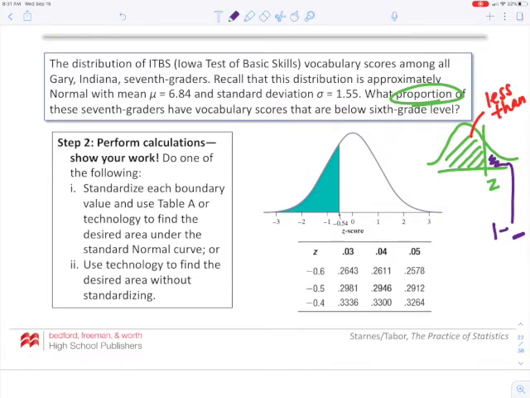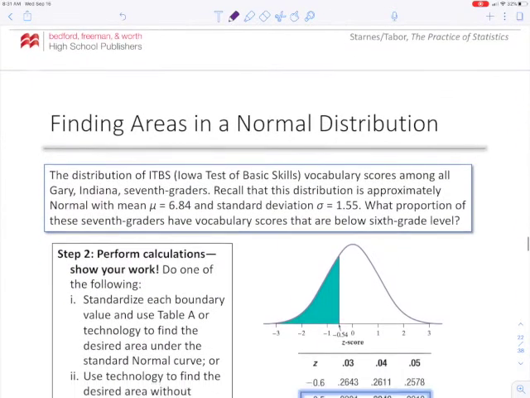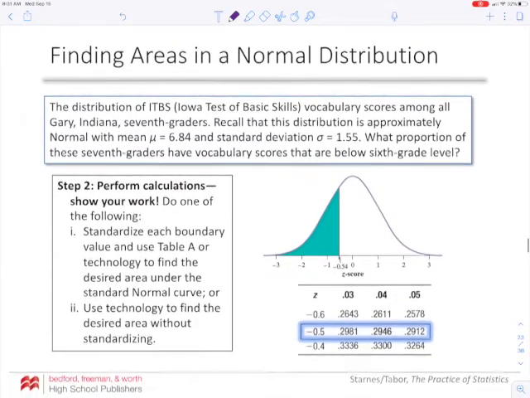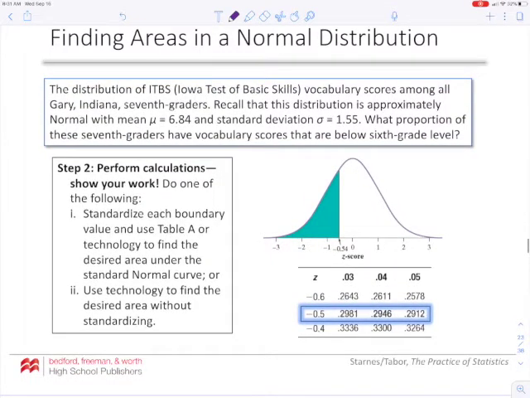Alright, so good to remember that every value I see is going to be less than, is going to be below. So since this is asking me below, that means the value I find is my value that I'm looking for. So to do that, we need to know our standardized score. Our standardized score was negative 0.54.